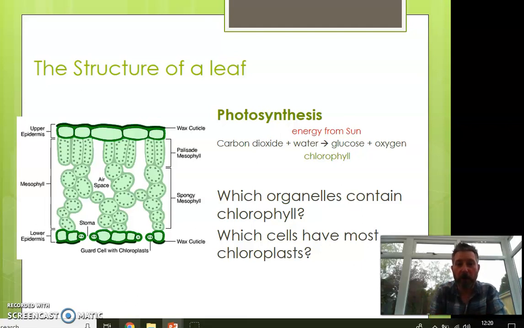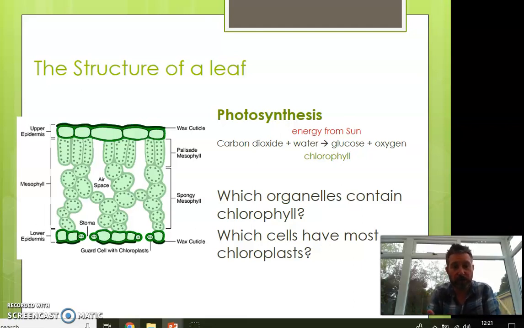There's a higher concentration of carbon dioxide outside of the plant, so carbon dioxide diffuses into the plant, and that reacts with water to make glucose, and the oxygen byproduct is then a higher concentration inside the cell, so that diffuses outwards.